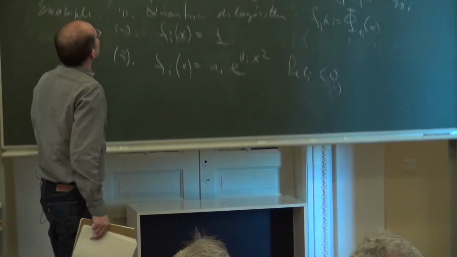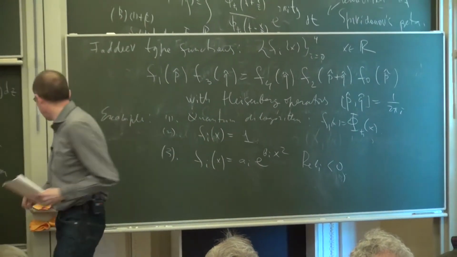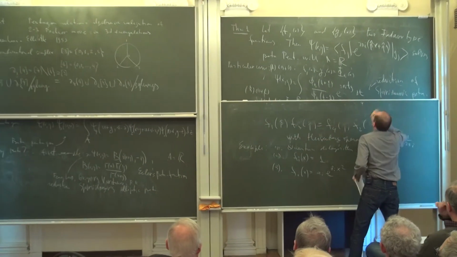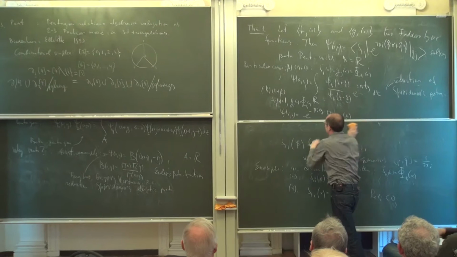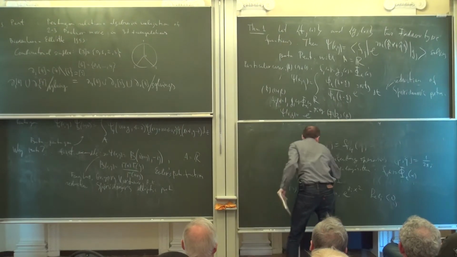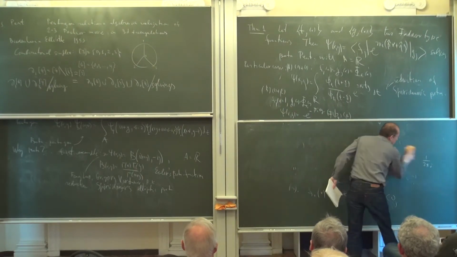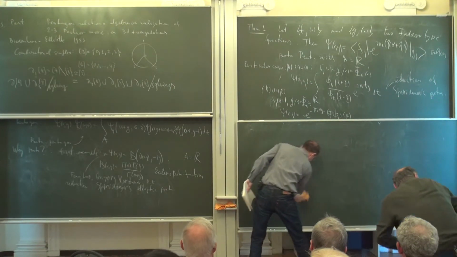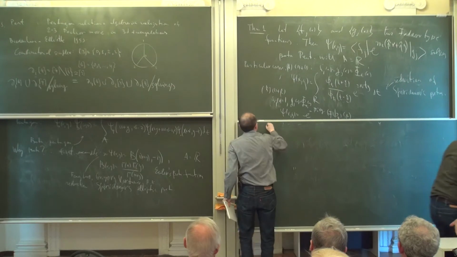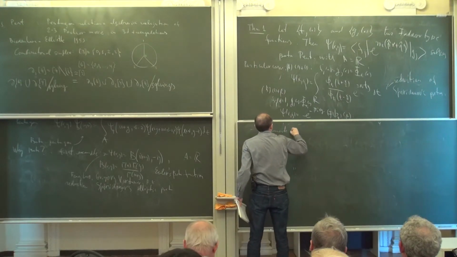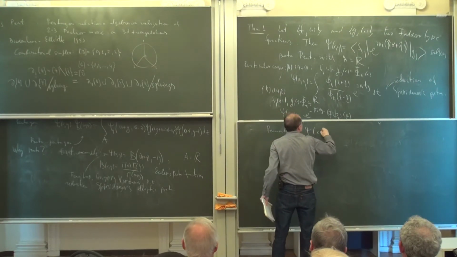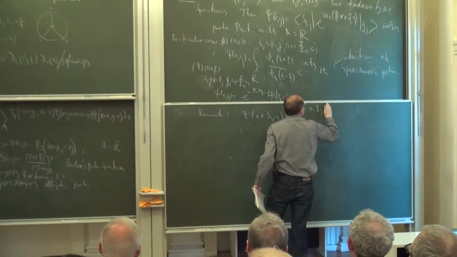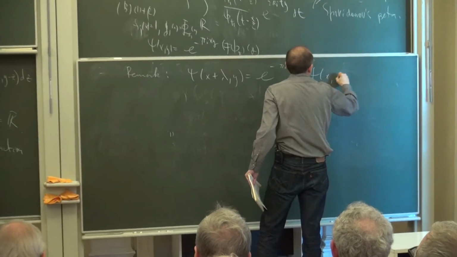And just a side remark, it has an automorphic property with respect to the first argument: psi of x plus lambda, y is e to the minus pi i lambda y psi of x, y.